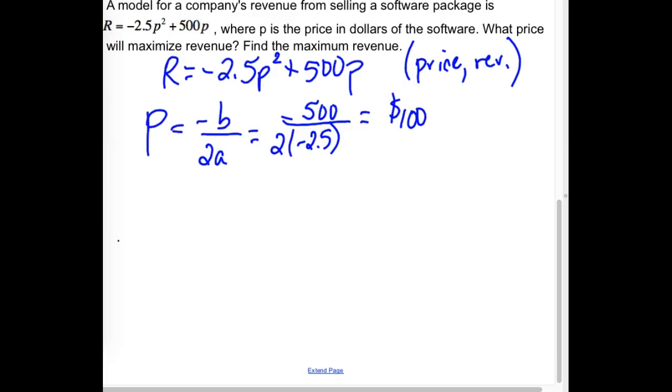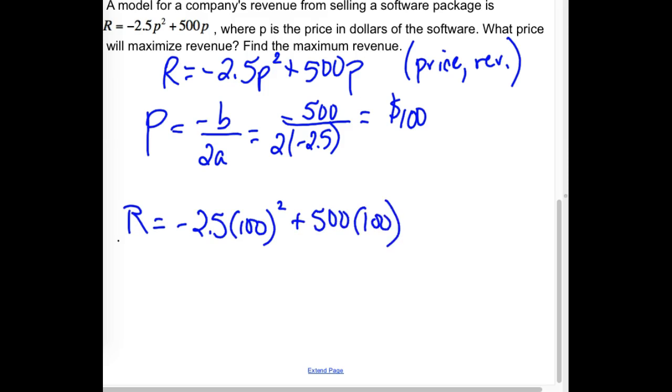Then it says, find the maximum revenue. So what is the revenue if my price is set at $100? That means I am plugging 100 in for P. So grab your calculators. Negative 2.5 times 100 squared plus 500 times 100.